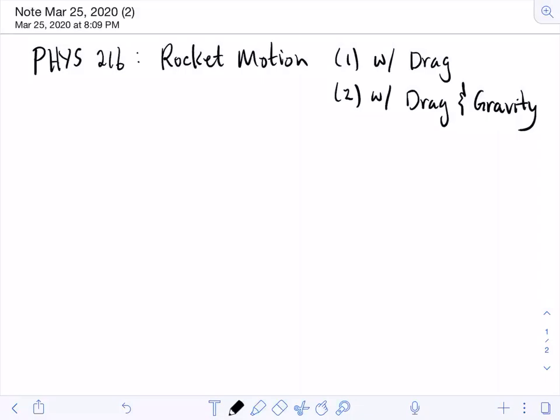And then the very last thing we'll do is think about any practical rocket launch from the surface of the Earth. You would think that both the gravitational force and the drag force from the atmosphere would be important, and so we'll try to write down that problem.